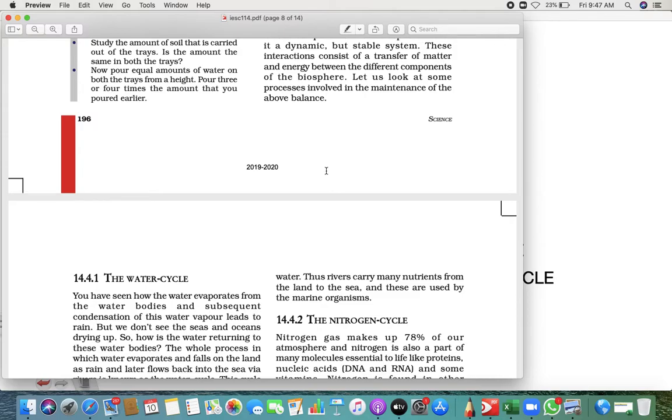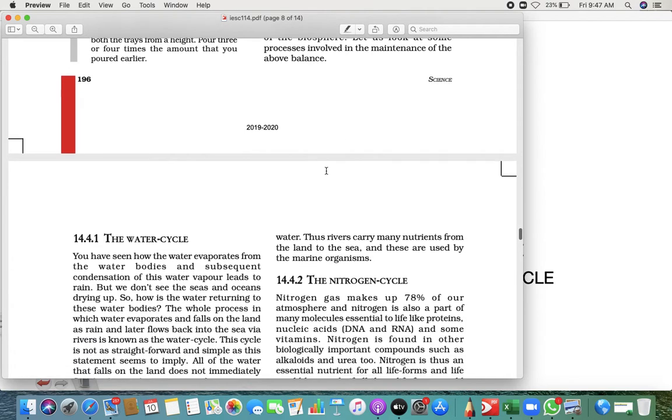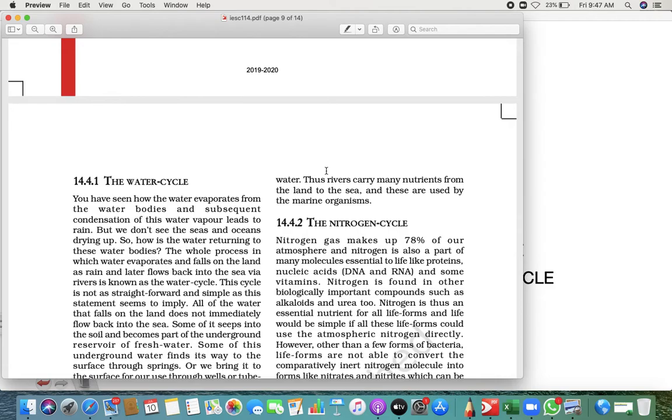Now the water itself is a wonderful liquid, right? Now we already learned that the water has a cycle, like it goes from one form to another and keeps on retaining its level.